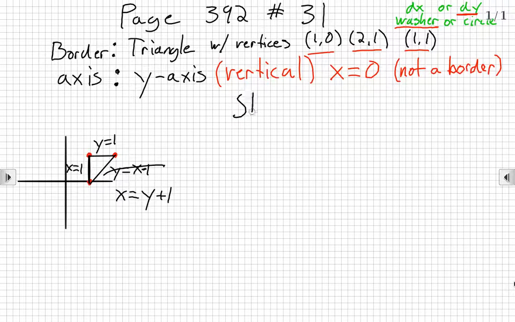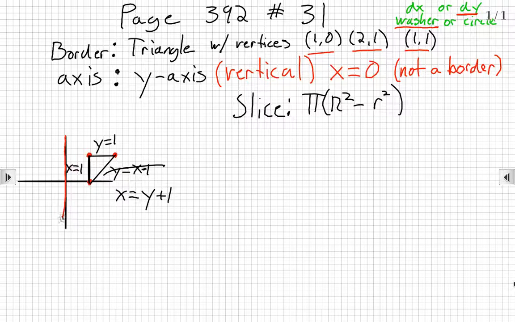And so we slice. And each slice is a washer, so each slice has the property pi big R squared minus little r squared. In order to approximate, we need to go back and identify what is the outer function and what is the inner function.